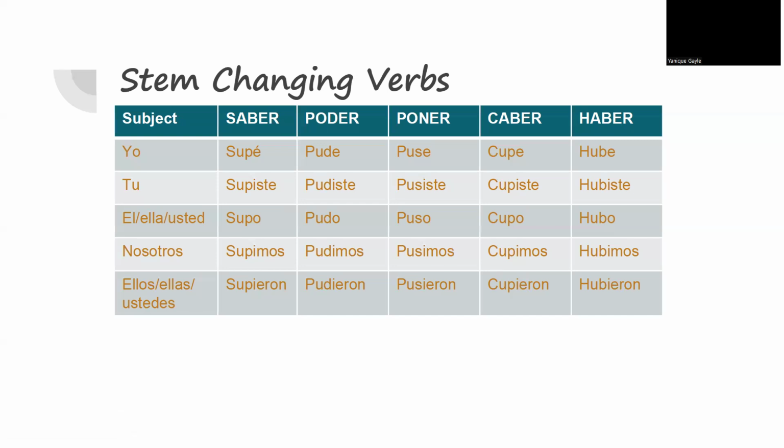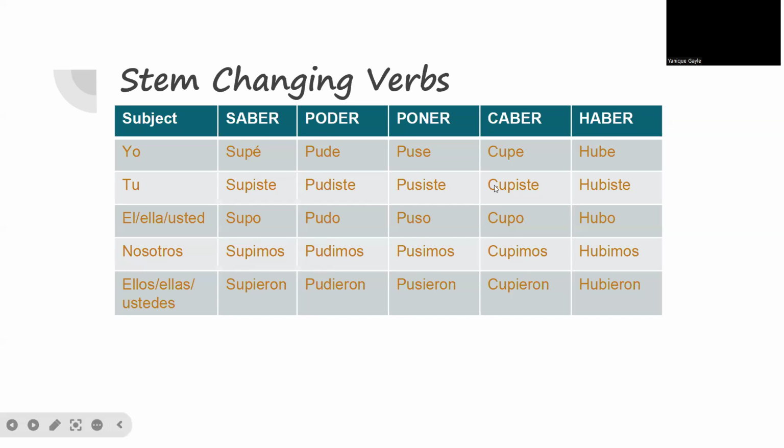So haber, it's an auxiliary verb, okay? Hube, hubiste, hubo, hubimos, hubieron. And you might be surprised to know that typically we don't use the other subjects. It's most likely the third person. In the present tense, I know we only use the third person, okay? In those cases. Okay, hubieron. Very good.